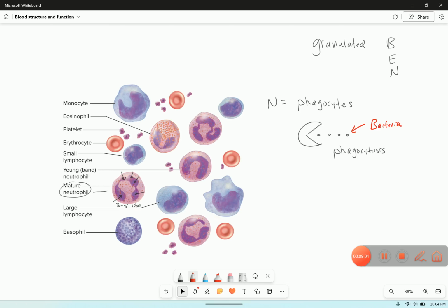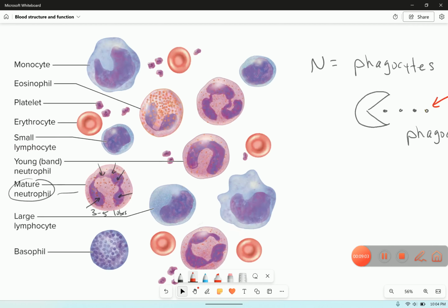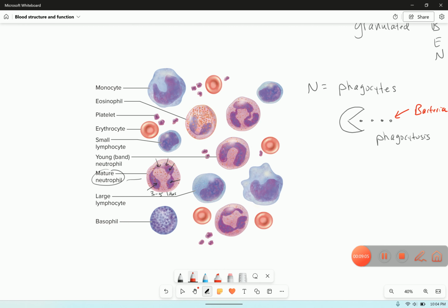Okay, the granules that are inside of the neutrophil are going to release things like enzymes. An enzyme in this case is going to help break down a variety of proteins on the pathogen.